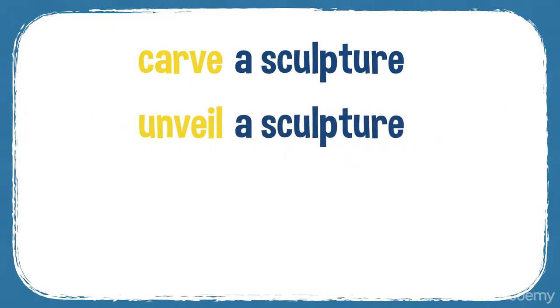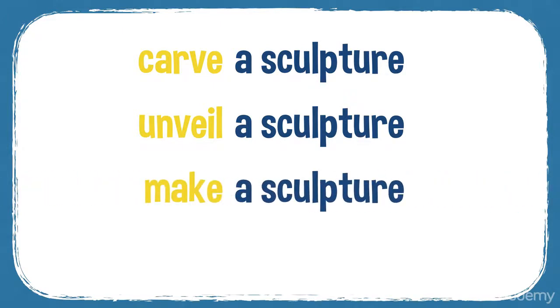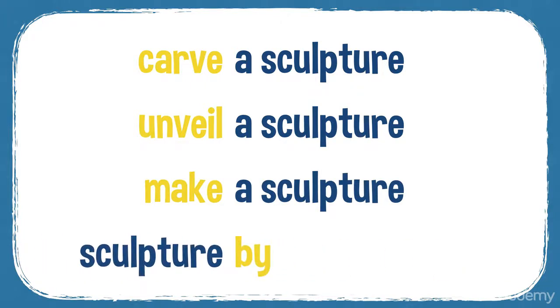You often carve a sculpture, unveil a sculpture. So when a sculpture is new, and for the first time you're going to show it to people, it's often covered in some cloth. And when you take off the cloth, you unveil the sculpture. You can make a sculpture. And when we're talking about the people who make sculptures, we say sculpture by.